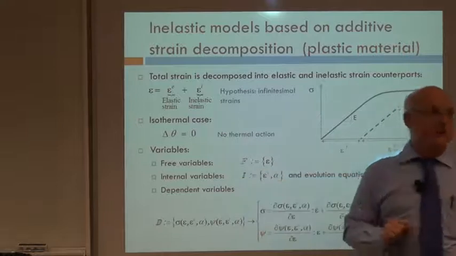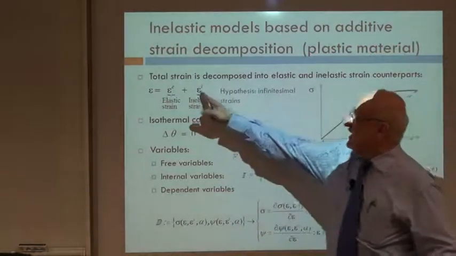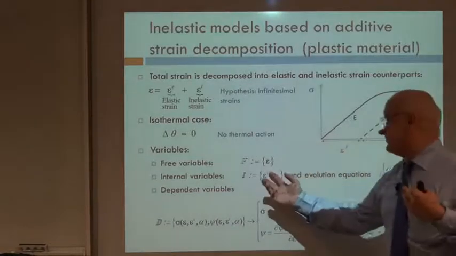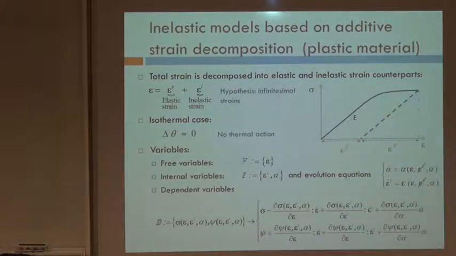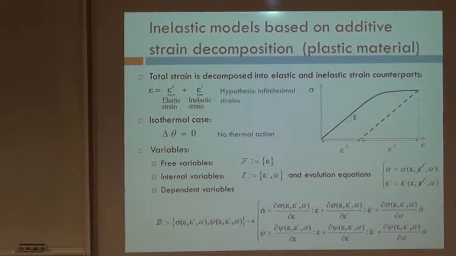Then let's consider internal variables. What is specific in these models is that the inelastic strains are considered internal variables. This internal variable, for instance in plasticity, this plastic strain, this inelastic strain, is related to the micro, to what happens at lower scales of the material, typically in crystal lattices, to the dislocation of the crystals, okay?